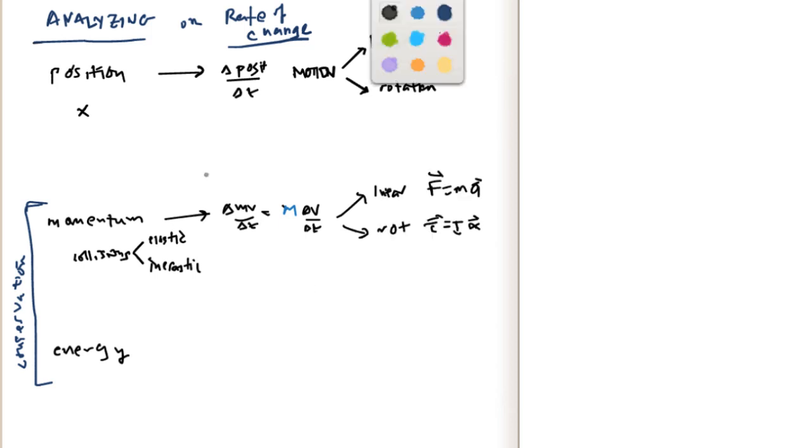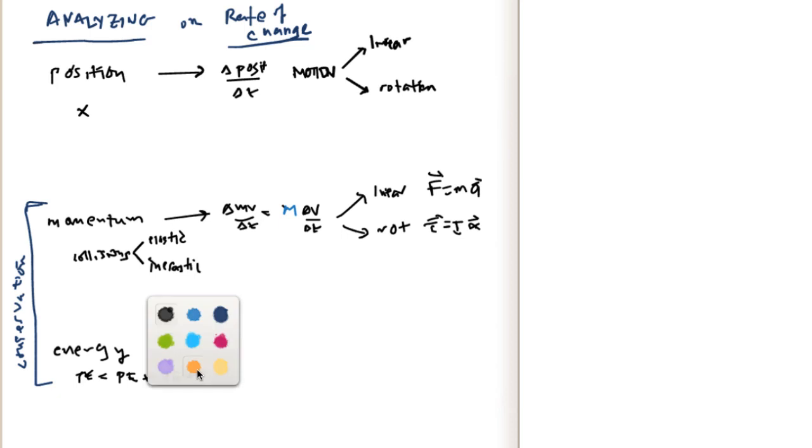Down under energy, you recall that the guiding principle is that the total energy, TE, equals the sum of potential energy plus kinetic energy plus any work that is done. In this case, potential plus kinetic.